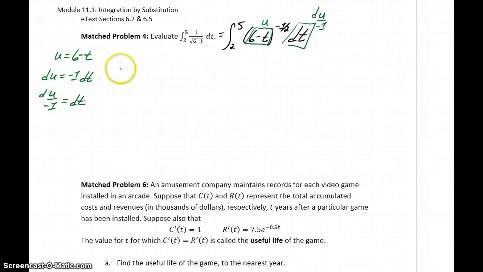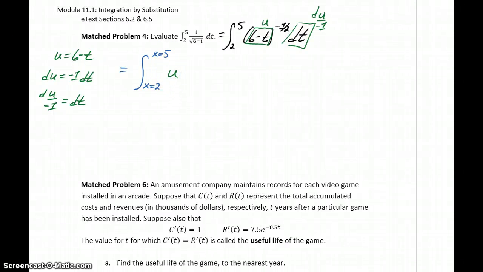So our new integral becomes the integral from x equals 2 to x equals 5. I'm just including that to note to myself that I'm rewriting this in terms of u, but I'll have to rewrite it in terms of the original variable at the end of the problem.